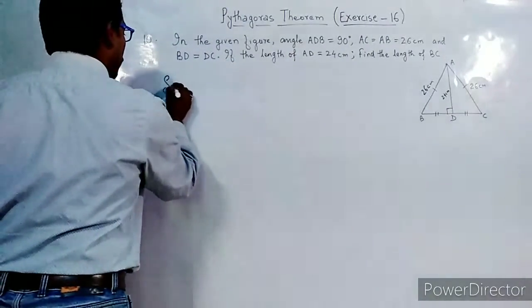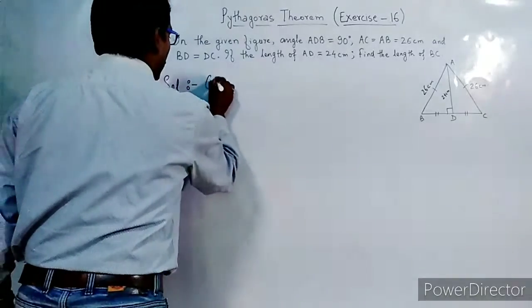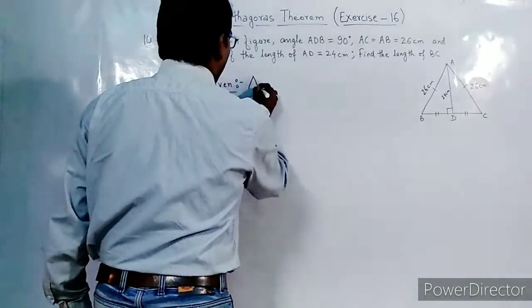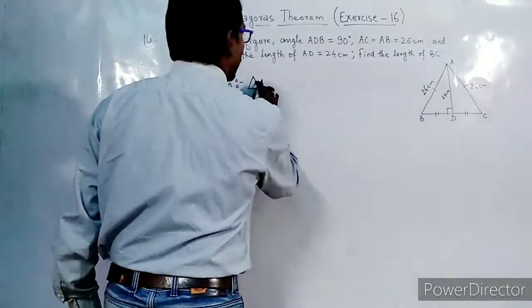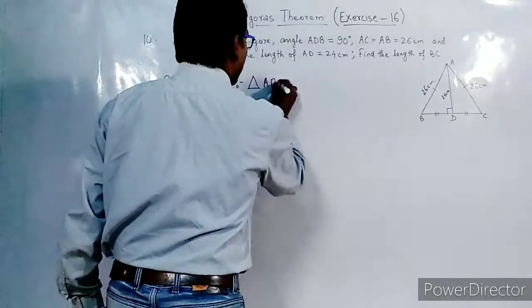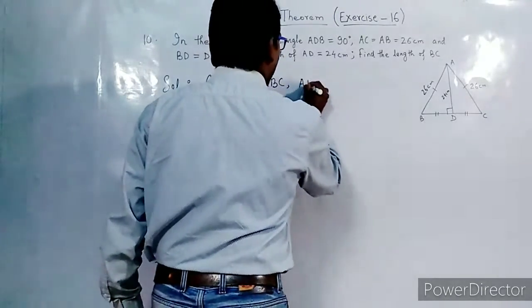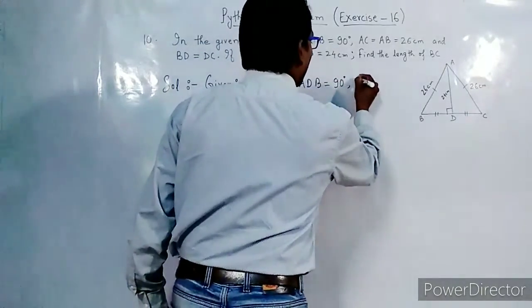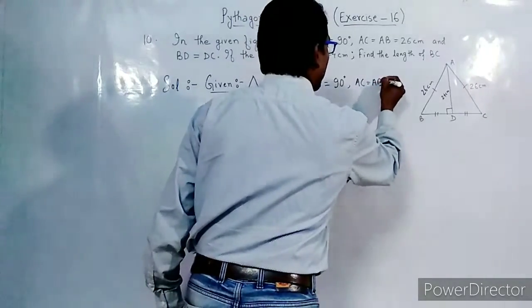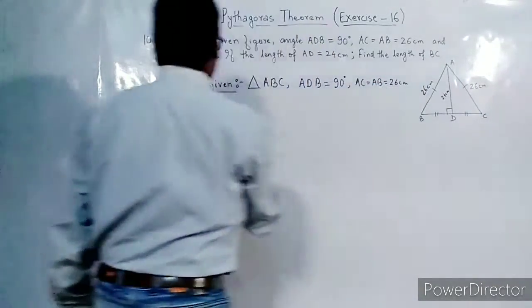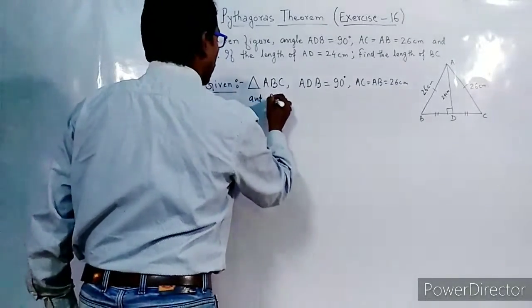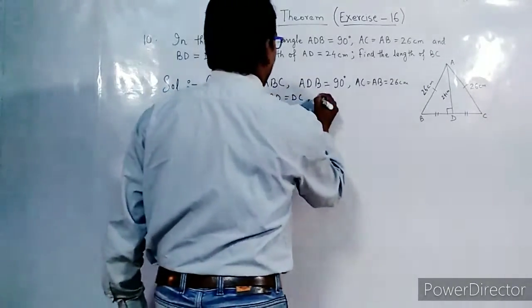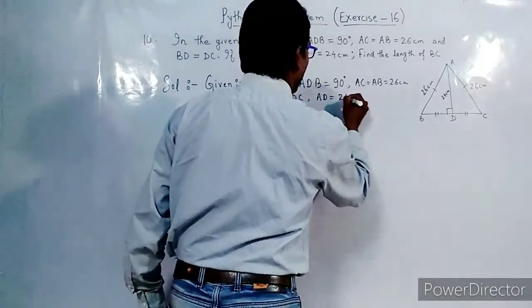First of all, given: triangle ABC, angle ADB equals 90 degrees, AC equals AB equals 26 centimeters, and BD equals DC, and AD equals 24 centimeters.